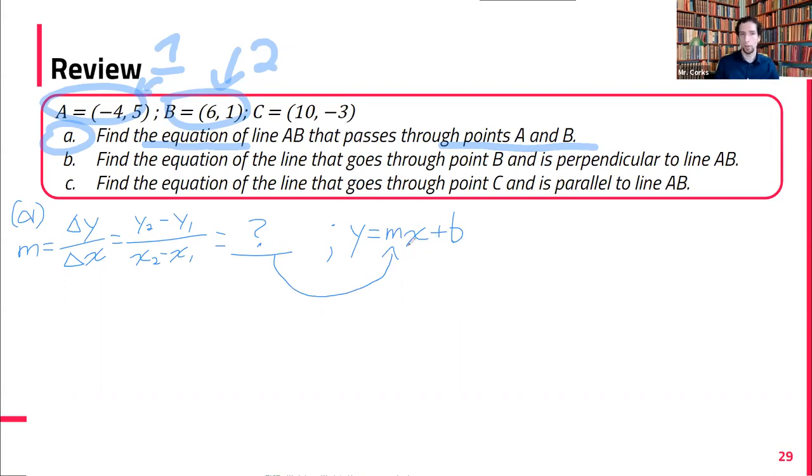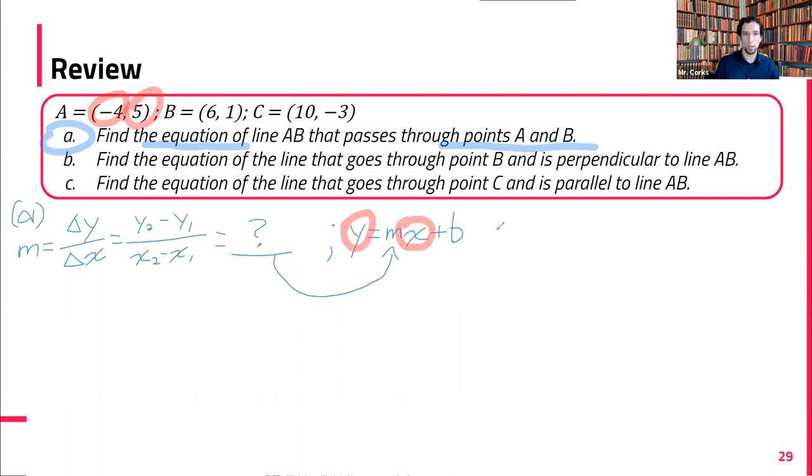So we do our slope calculation and figure out the m value. Then we look at point A or point B, any point that's on that line, and we substitute those values into this x and this y.